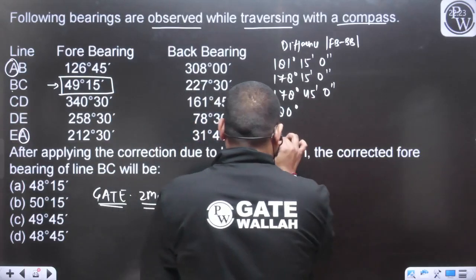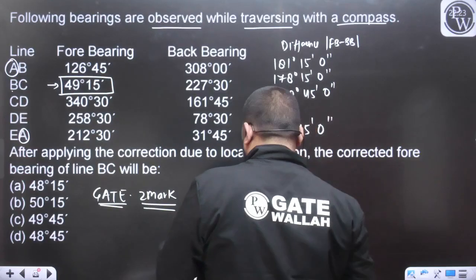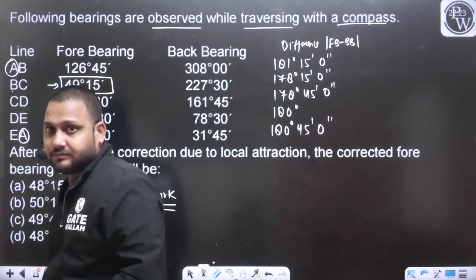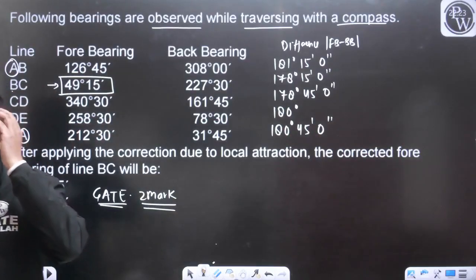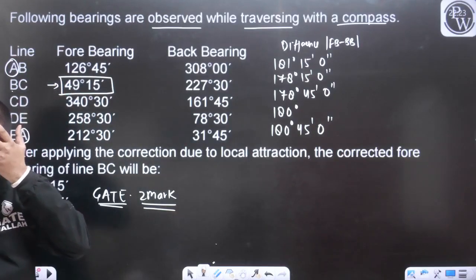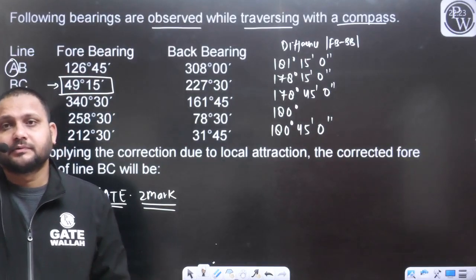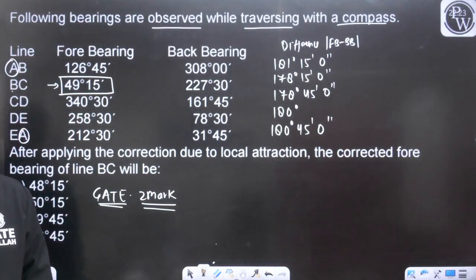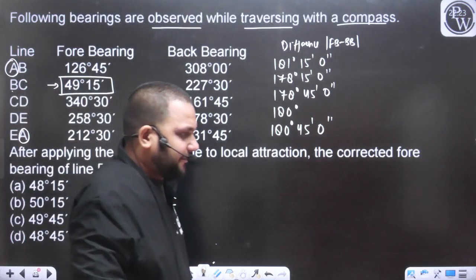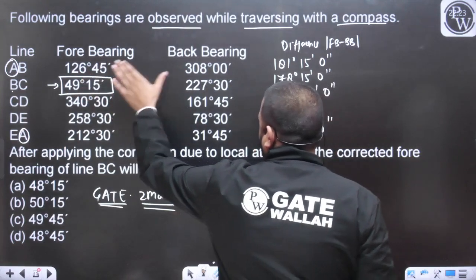And this is going to be 180 degree 45 minute 0 second. Yes or no? So what we have done, we have simply found the difference of the fore bearing and back bearing of all the lines.